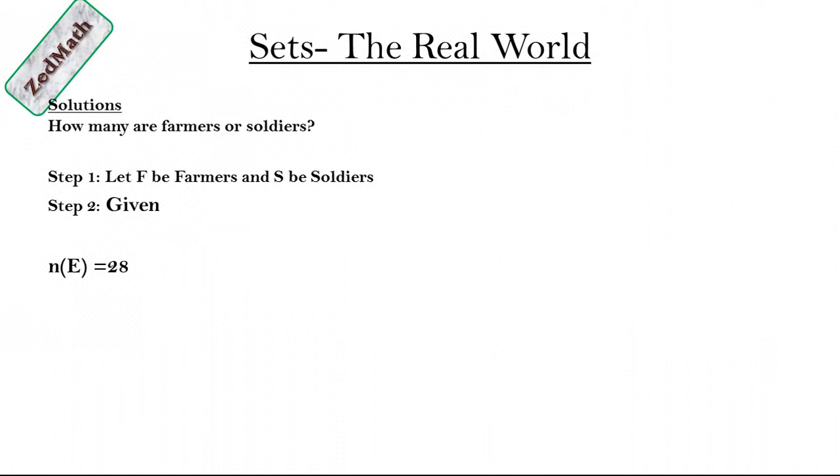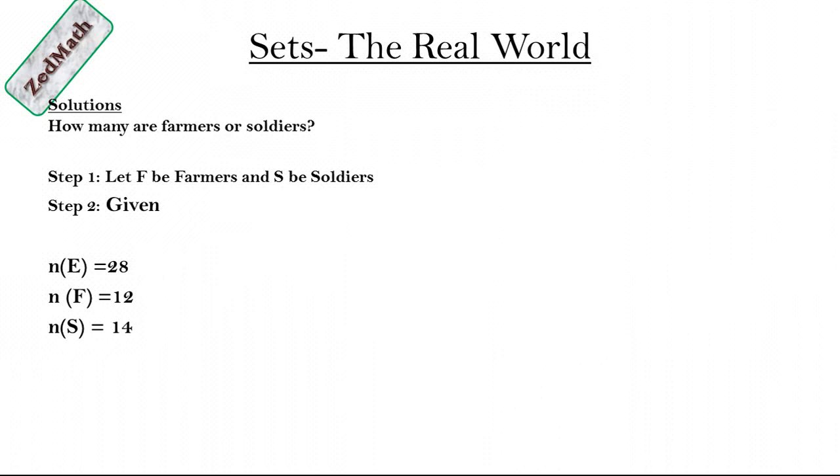To represent the number of elements in a given set, we use this symbol n. So n of E, the number of members in the universal set, is 28. Also n of F, the number of farmers, is 12, and n of S, the number of soldiers, is 14.